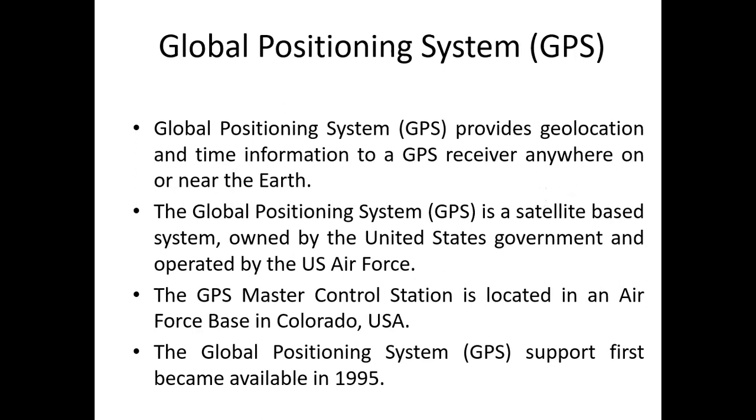Probably you know that it also gives time information. So from anywhere in the world, if you have a GPS receiver and can capture the GPS signal, then you can get both position and time information, even if you are climbing a mountain or you are in the deep sea.